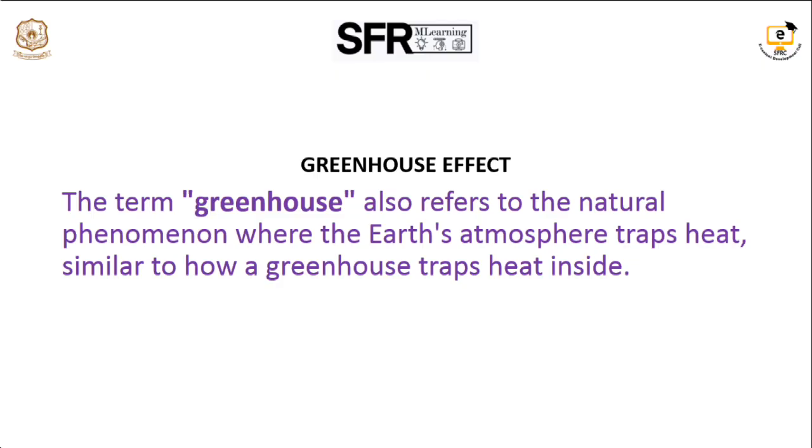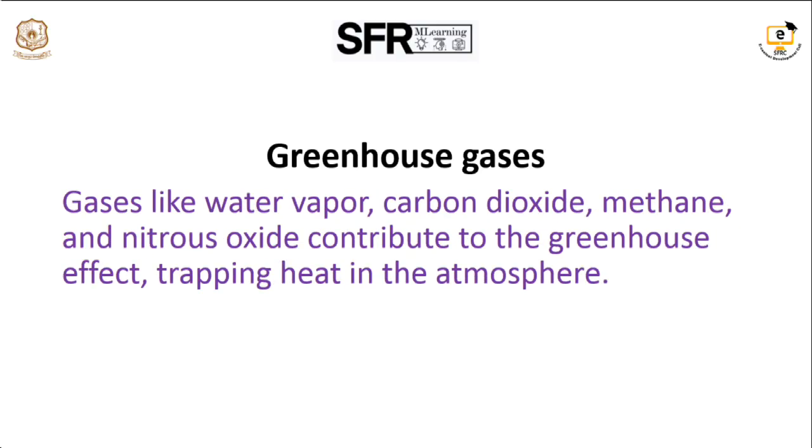Okay. Next one is the greenhouse effect. The term greenhouse also refers to the natural phenomenon where the earth's atmosphere traps heat, similar to how a greenhouse traps heat inside. Okay. If carbon dioxide is emitted, an enormous amount of heat energy accumulates, causing the greenhouse effect in the atmosphere. Next one is the greenhouse gases.